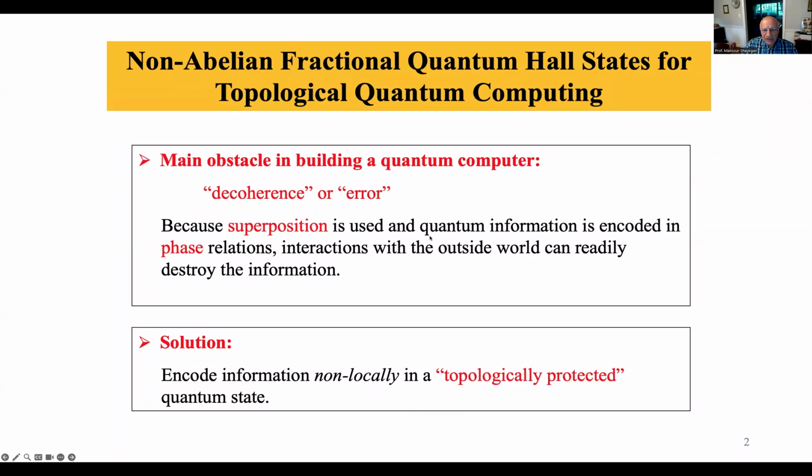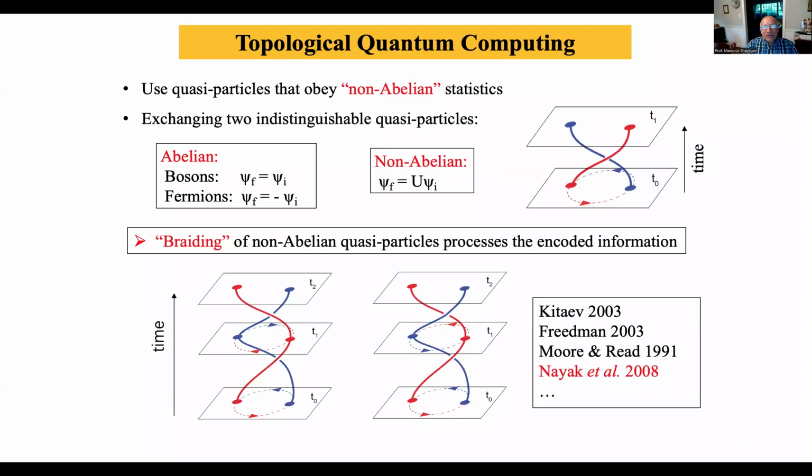So interactions with the outside world can destroy the information, whether it's spin qubits or other types of qubits. So one possibility is to use or encode the information non-locally in a topologically protected quantum state. And let me tell you what that means.